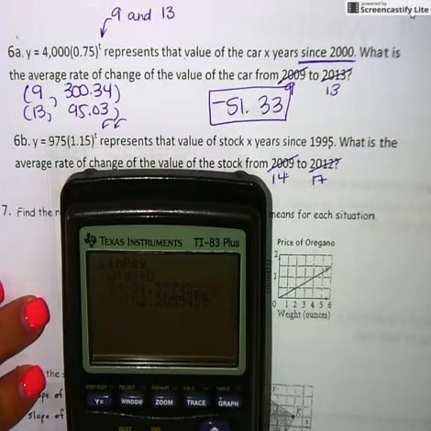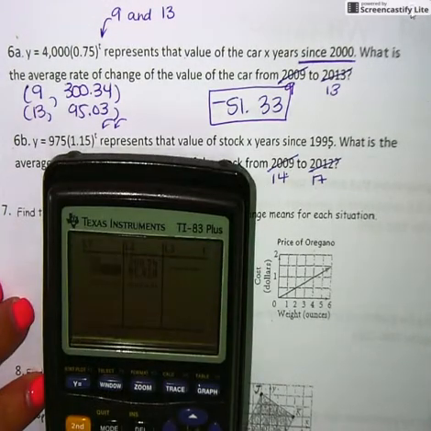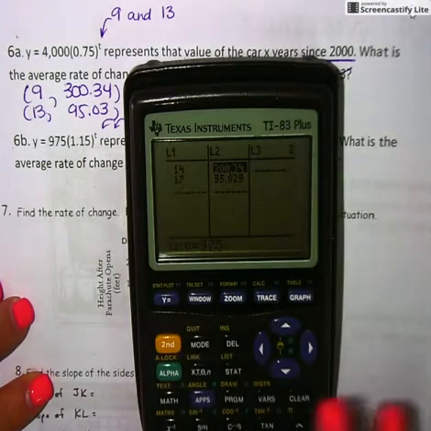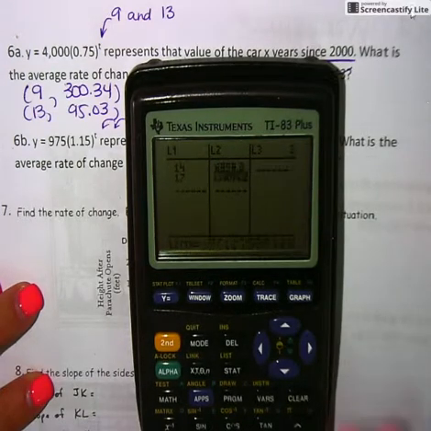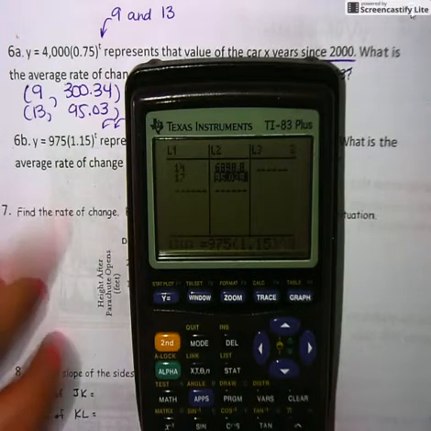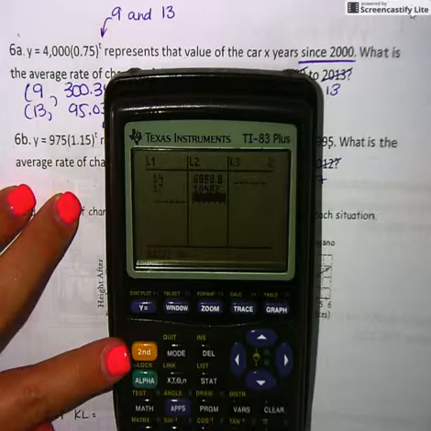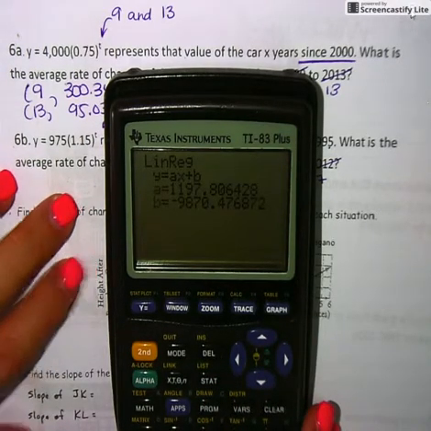So your x values are 14 and 17. And your y values, you type your equation, 975 times 1.15 to the 14th, and 975 times 1.15 to the 17th. Those two values there, stat, calc, enter, and your slope is 1197.8.